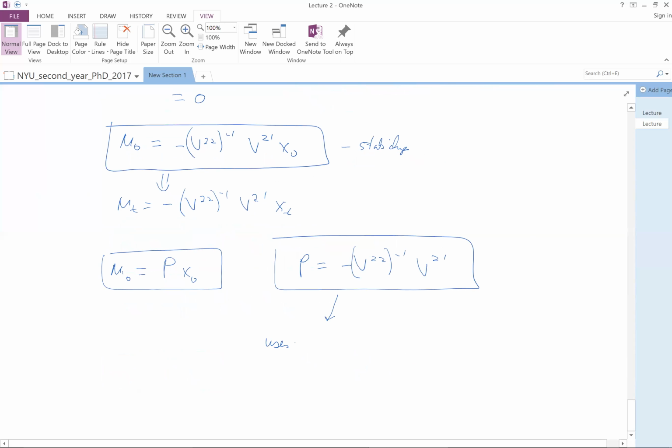And this is a formula. This uses the Schur decomposition to compute P in the value function, without, I'm going to put this in quotes, without solving the Bellman equation.